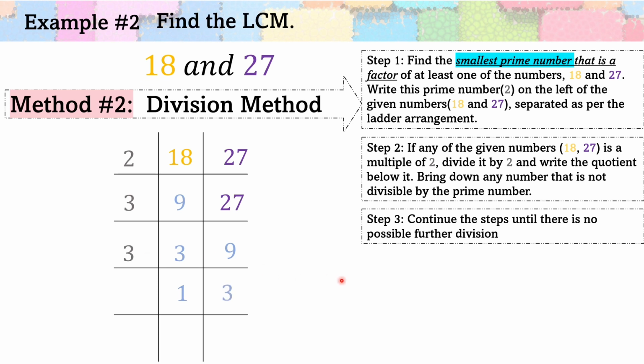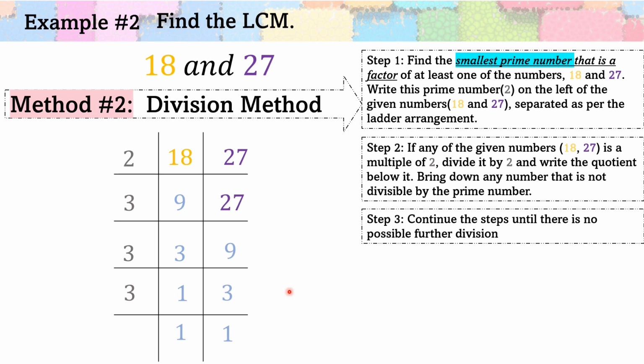Alright, is there any other smallest prime factor that is a factor of at least 1 of 1 or 3? Yes, there is a factor of 3. 1 is not divisible by 3, so you need to bring that down. Of course, 3 divided by 3 is equal to 1. So that ends the division.